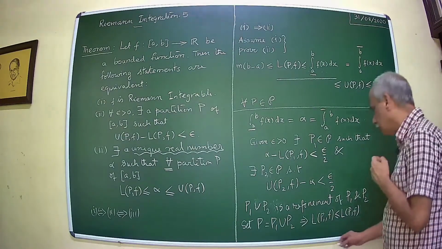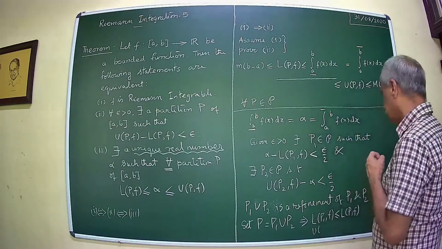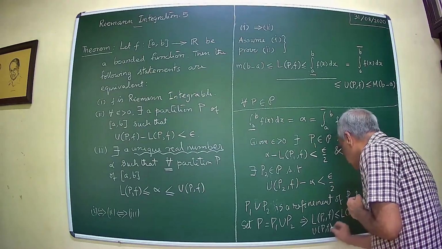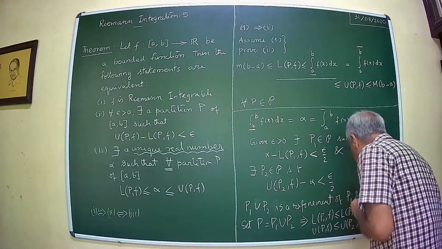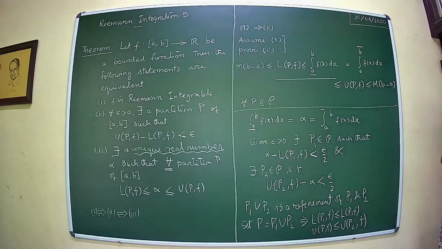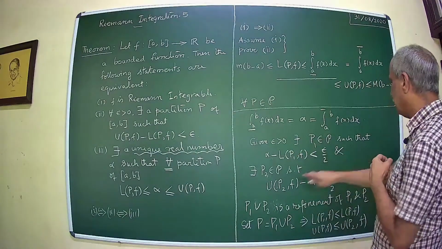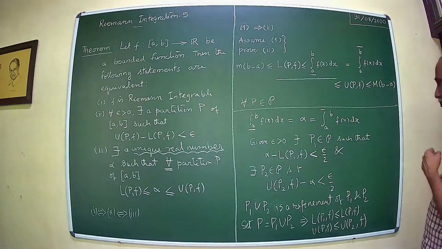And so also UPF is less than or equal to UP1F. These are the properties. Therefore, if I use P, I can rewrite these inequalities in the following form. How does it come?